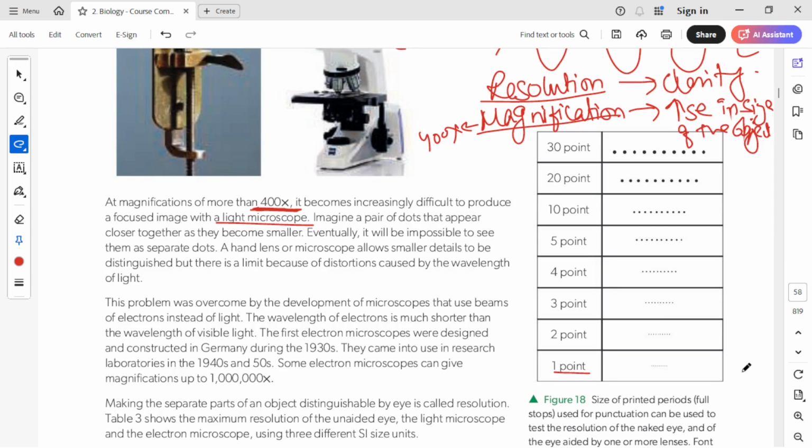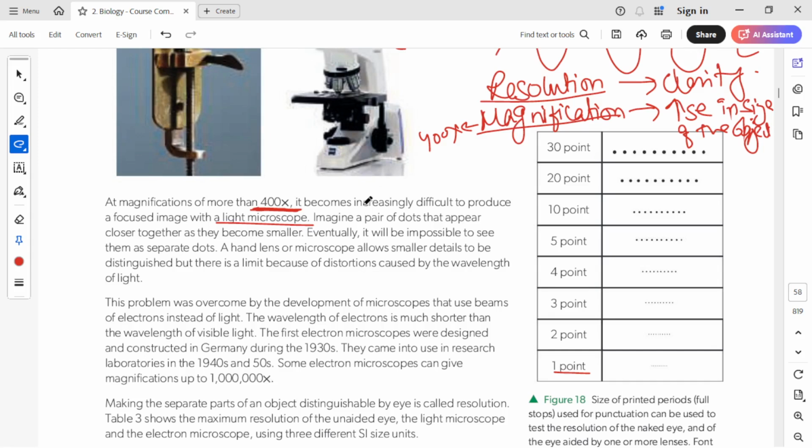So that is how the resolution actually decreases with the size decrease in the object, whatever object we want to see. So that is how the requirement of even better microscopes came into picture, and development of the electron microscope was done.